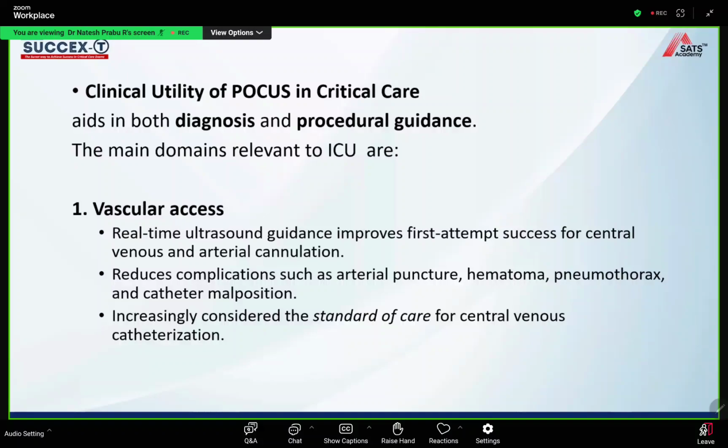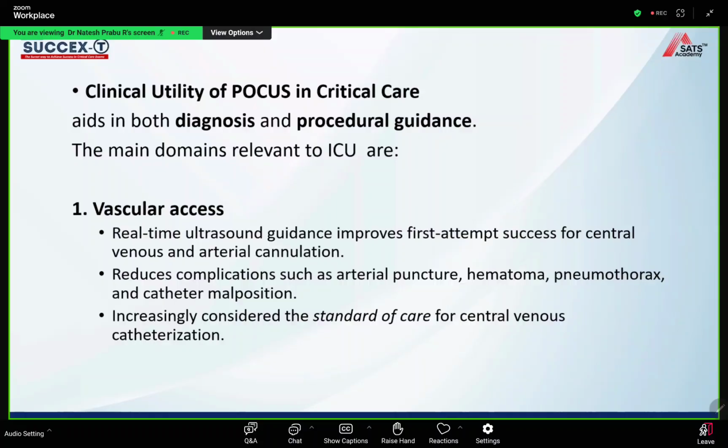Coming on to the clinical utility of focus in critical care, it aids in both diagnosis as well as procedure guidance. The main areas relevant to ICU are: first, most important, vascular access. Real-time ultrasound guidance improves first attempt success for central venous and arterial cannulation.